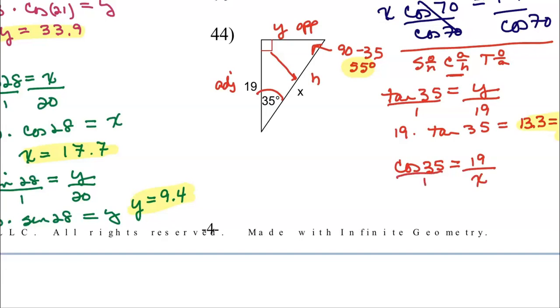This is a two-step problem, because when I multiply my cross products, I don't get my answer yet. I have to go one more step and divide by cosine of 35. So 19 divided by the cosine of 35 is going to give me an x value equal to 23.2. And now I have those two values.